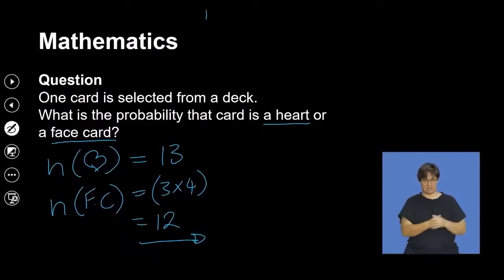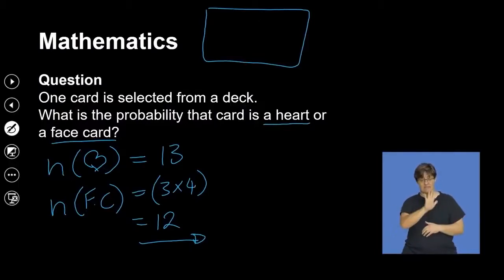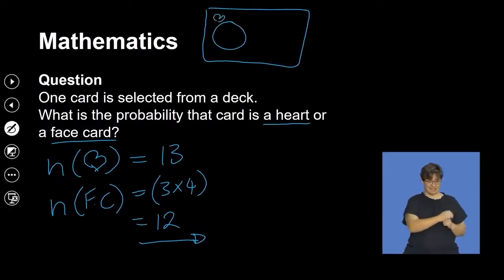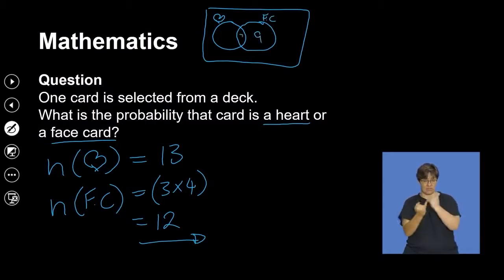In my sample space of 52 cards, I'm going to write the hearts over here, and I recognize that there were 13 of those, and there were 12 face cards. 9 of them are individual, 3 of them belong in the intersection, and there are 10 that are not face cards that are still hearts.